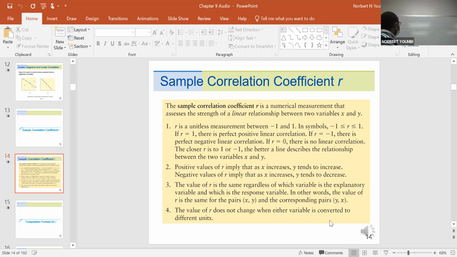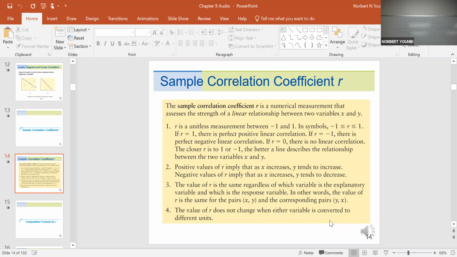The correlation coefficient helps us to determine the direction and the strength of the relationship between two variables. So it is a number between -1 and 1.